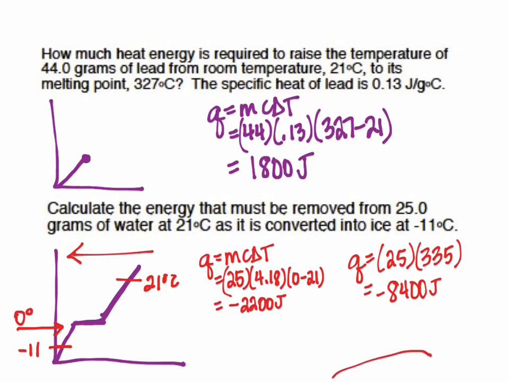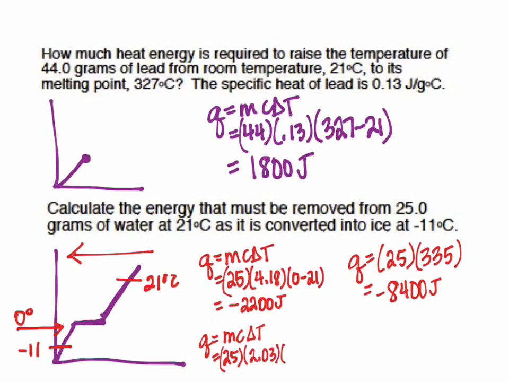And then we do Q again for the solid, for the ice. So Q equals mc delta T. Our mass is still 25, but what is the C of water when it is ice? 2.03.